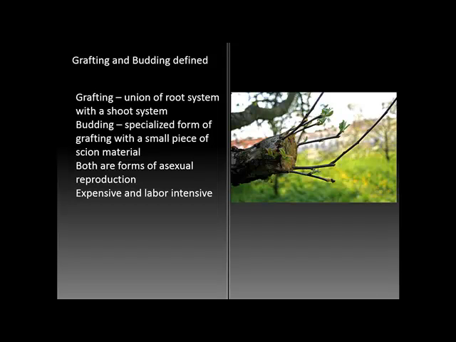However, for high value plants such as fruit trees, nut trees, and in some instances, as we'll see, tomatoes and other crops, grafting is an economical and very effective way of increasing horticultural production and even some ornamental plants.